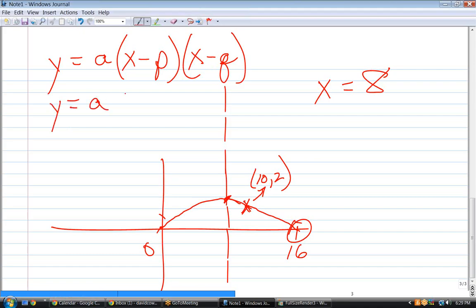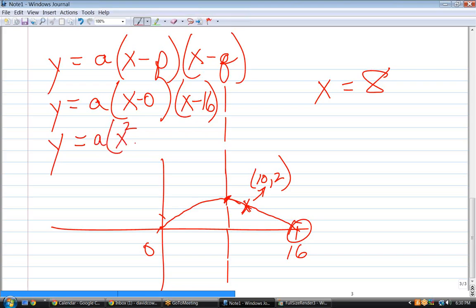The x-intercepts, which are 0 and 16. So if we multiply that out, we get a times (x squared minus 16x).